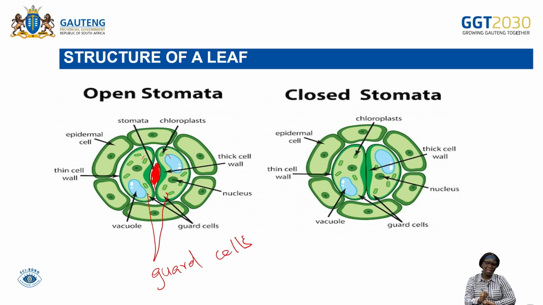But because it is a cell, it contains the chloroplast inside, it still has the vacuole, and it is covered by walls. The inner wall is thick, and the outer wall is thin.